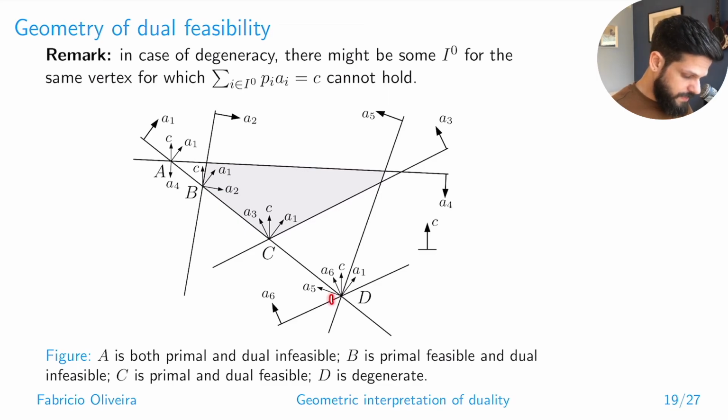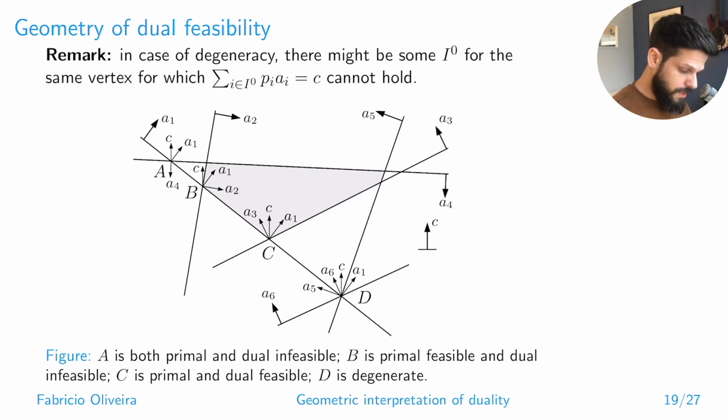Now look at D. D is an interesting character because I have 1, 2, 3 constraints, so 1, 2, 3 vectors, and therefore it's degenerate. So if you ask me whether D is dual feasible or not, the answer is: it depends. It depends what basis you are considering. Because if you consider a basis for this vertex where you're using A5 and A6, then C is not dual feasible, therefore it wouldn't satisfy optimality conditions.